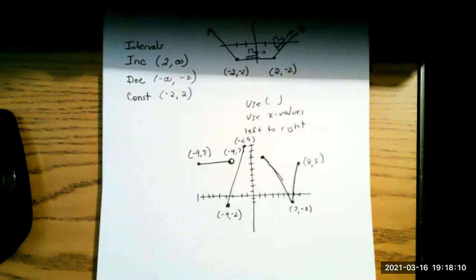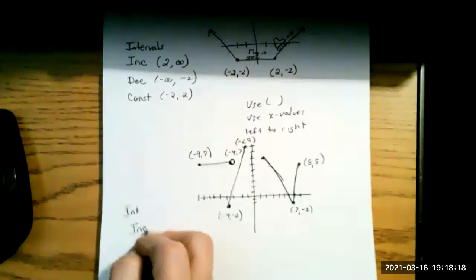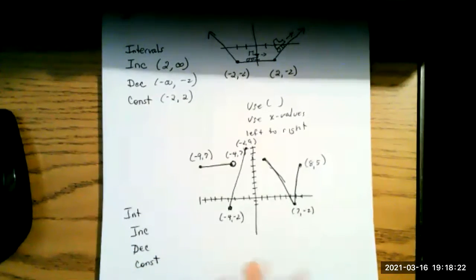Okay. Now this one they don't want the range and domain. They want intervals, increasing, decreasing, constant. Okay.